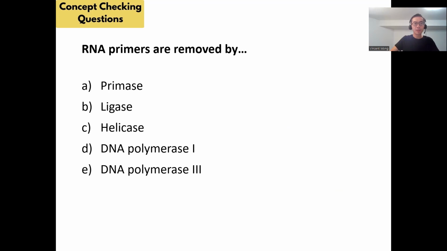RNA primers are removed by DNA polymerase 1. Okay. As DNA polymerase 3 approaches the primer, it falls off, and number 1 gets on, takes away the RNA primer, replaces the U's with T's, and converts the RNA into DNA, essentially.